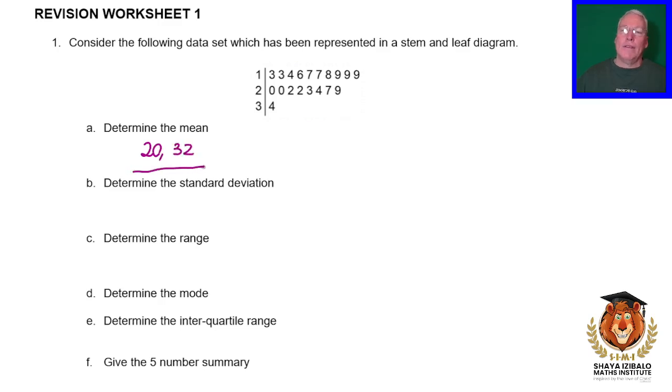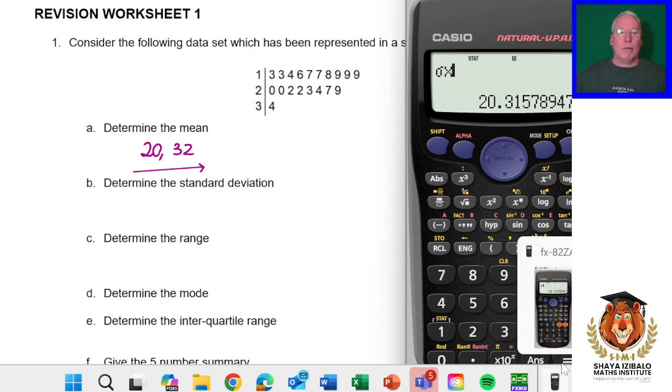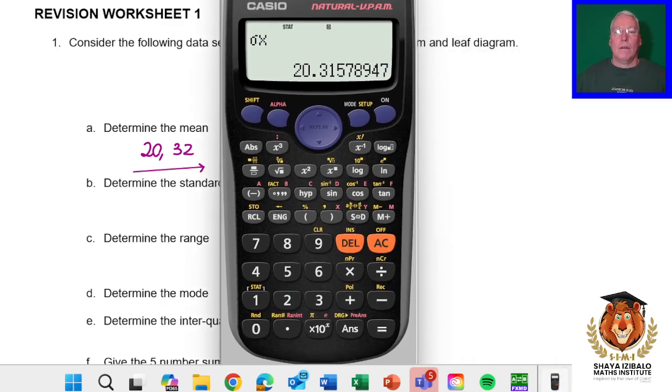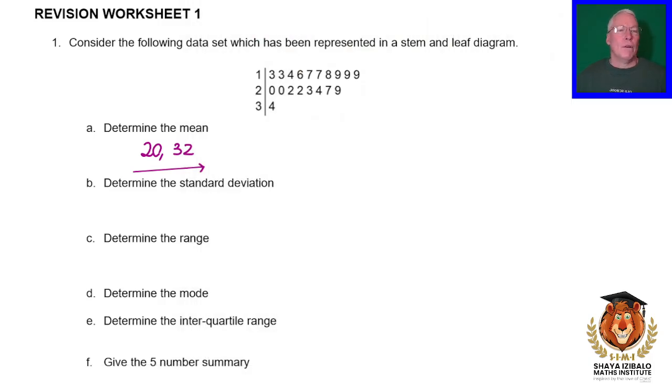We can get the standard deviation of these numbers by doing the same thing, but now we're going to go shift stat and we're going to go 4 and we're going to go for item 3. Right, and we're going to press equals. 5.29. Okay, 5.29.